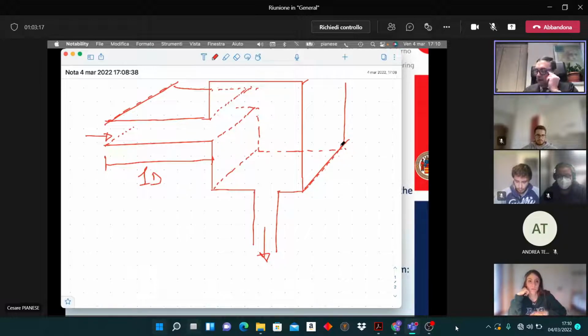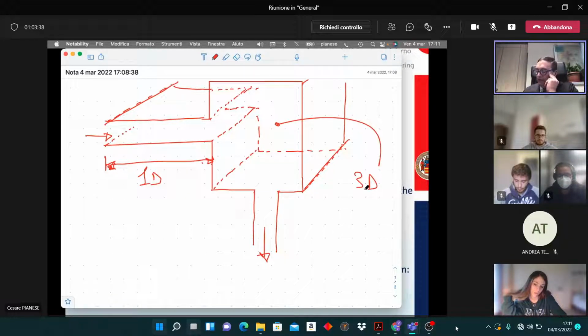Okay, it's not very precise, but I hope you understand this. Suppose that this is, for example, 1D, and here you may imagine to have, in the core of this fluid, a 3D representation.